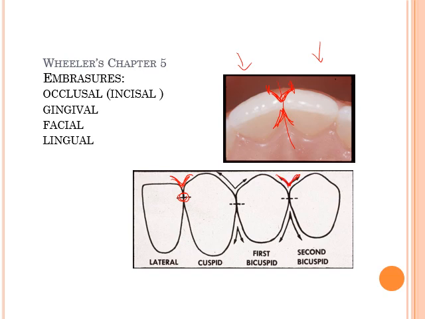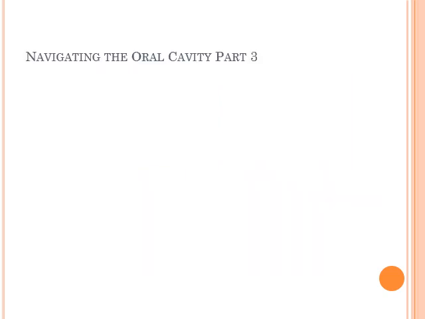Lastly, we have a gingival embrasure here. The gingival embrasure that I just showed you is named for its location being closest to the gingiva, otherwise known as the gum tissues.